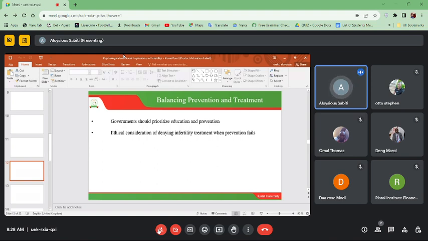So the ethical consideration of denying infertility treatment when prevention fails should be addressed as well. Most times we have challenges with our healthcare professionals regarding ethical considerations.